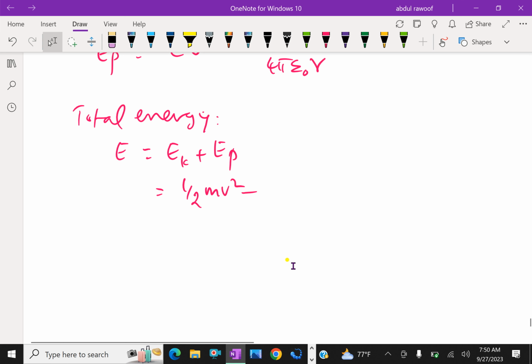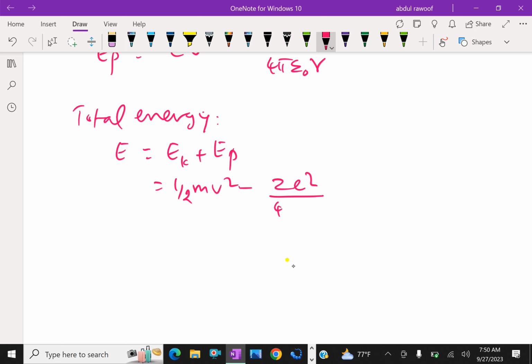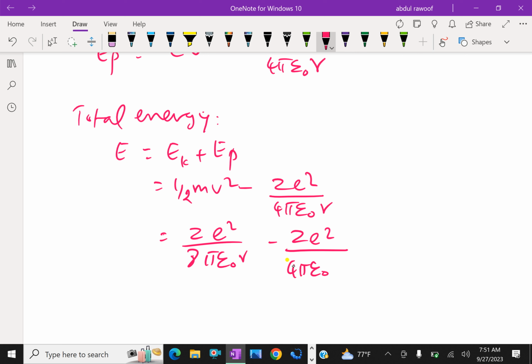Here you can substitute directly: Ek is Z e squared over 8 pi epsilon 0 r, minus Z e squared over 4 pi epsilon 0 r.